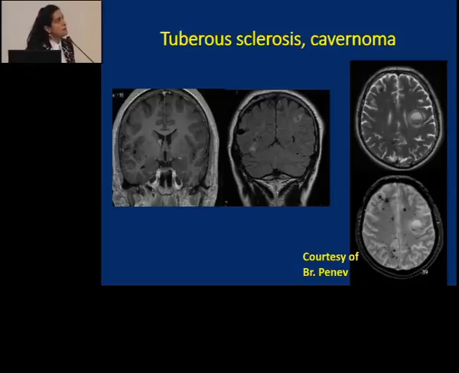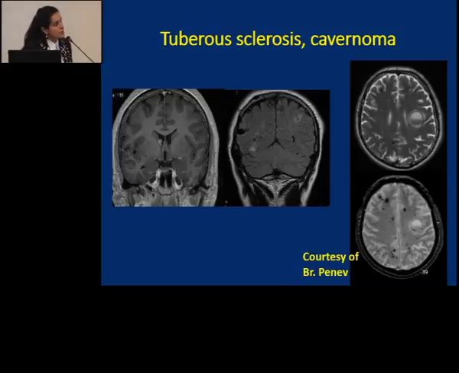And as you know, some of the conditions, for example cavernoma or tuberous sclerosis, should be followed up. This is a patient with tuberous sclerosis. You should rule out the transition to a subependymal giant cell astrocytoma. And in such a case, you should recommend that this patient visit the neurosurgeon.